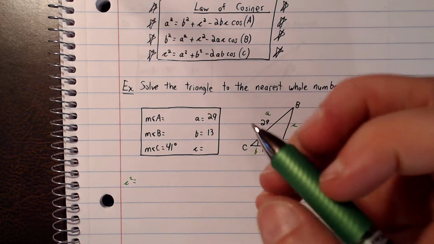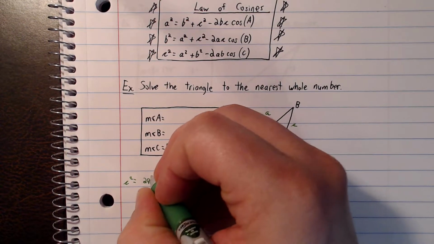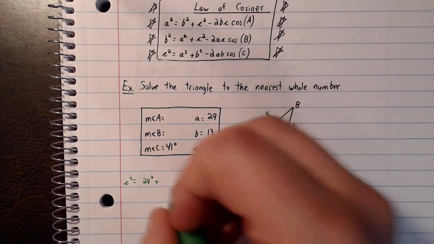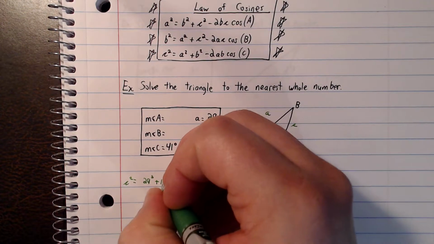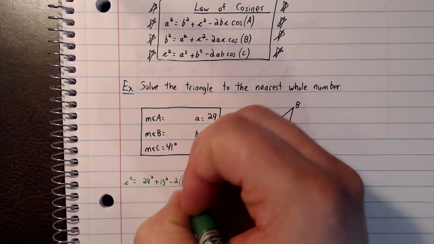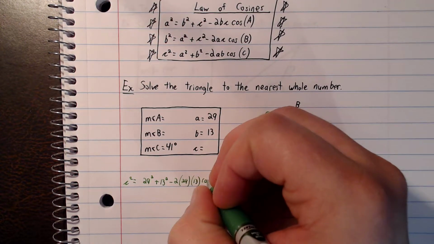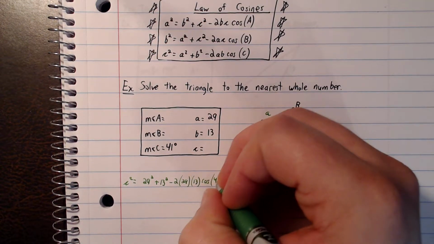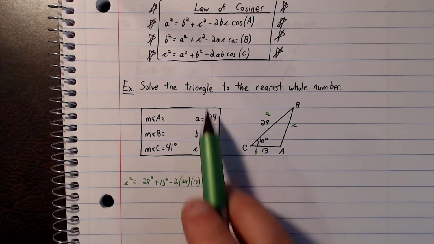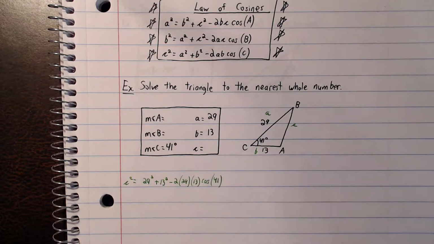So C squared is going to be equal to A squared, which is 29, plus B squared, which is 13, minus 2 times A times B cosine of 41. So all I did was just plug in all the values into this formula down here that were given to me in the original problem.